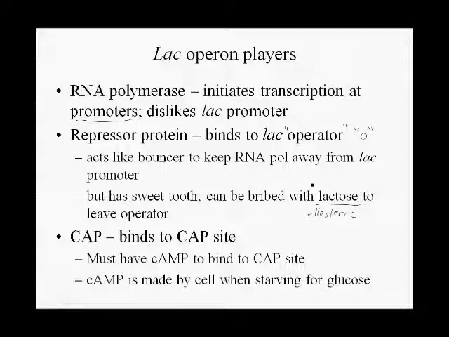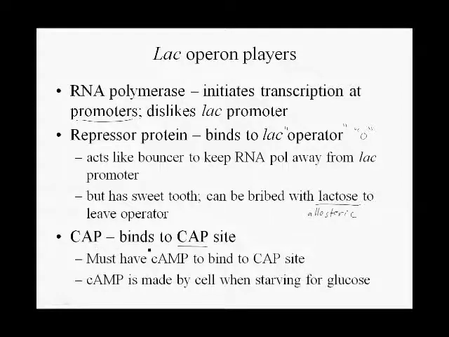And some other papers call CAP actually CRP, the catabolite repressor protein, which I don't want to get you confused. We'll call it the catabolite activator protein, okay? Because its function is to activate transcription. And it binds to the CAP site on the DNA. So the CAP protein binds to the CAP site on the DNA.